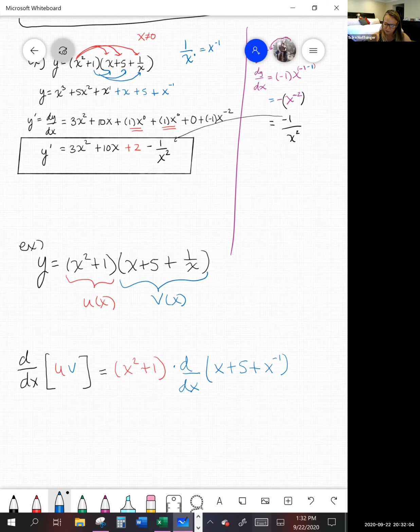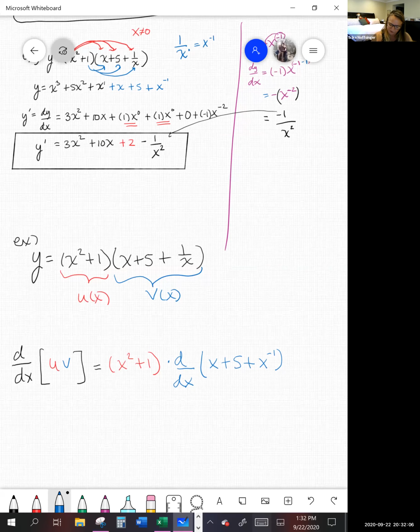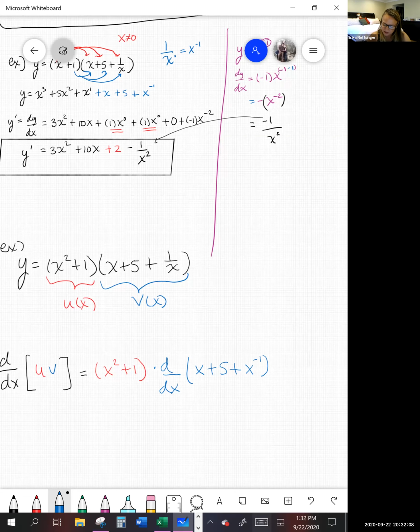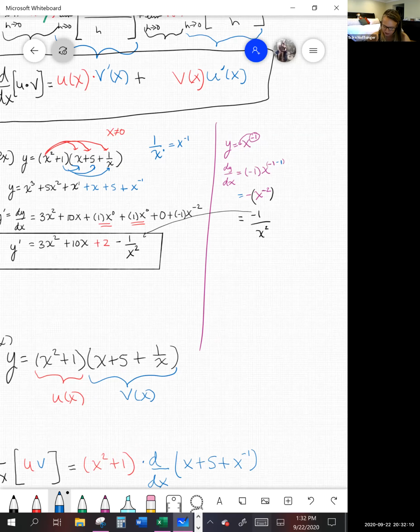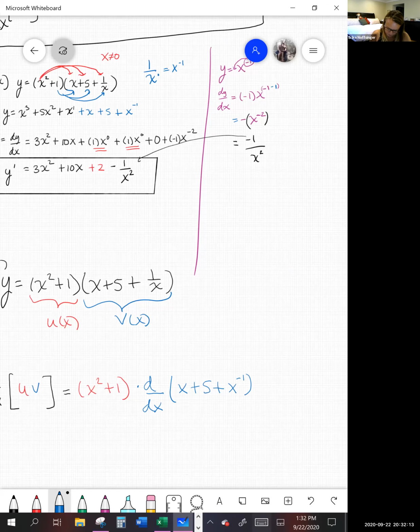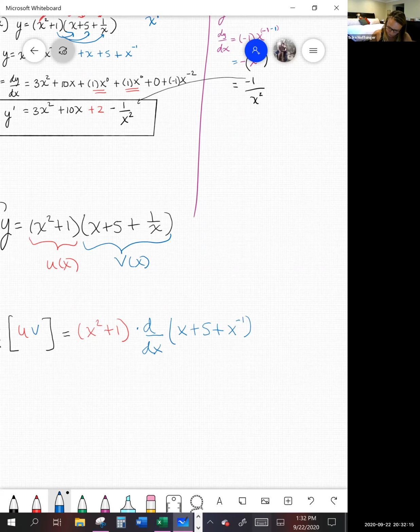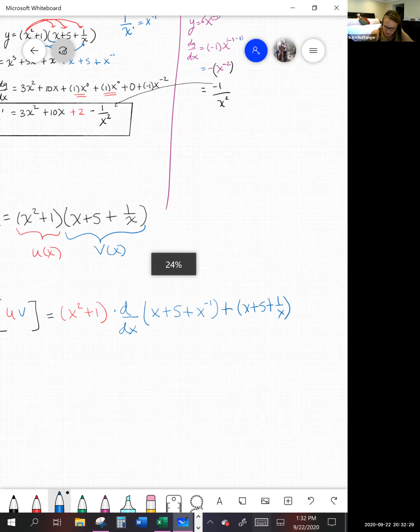And then it says plus, in the formula, take our second function, so our second function was x plus 5 plus 1 over x, times the derivative of the first.